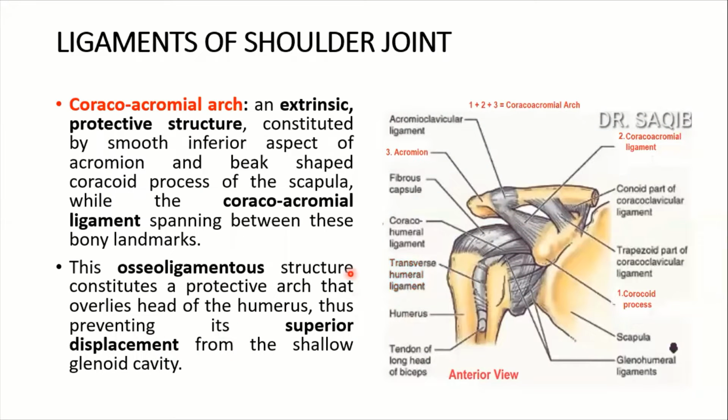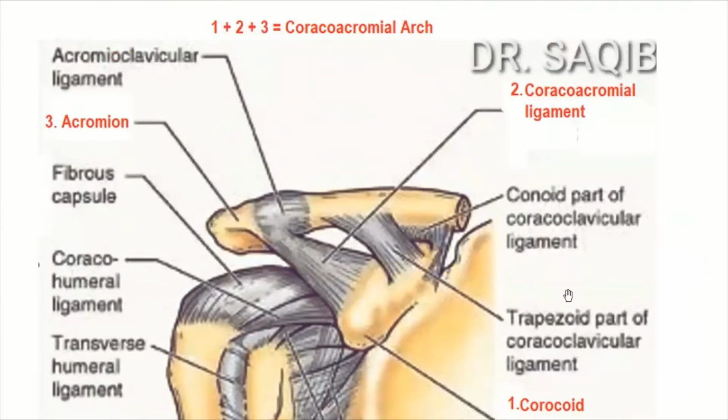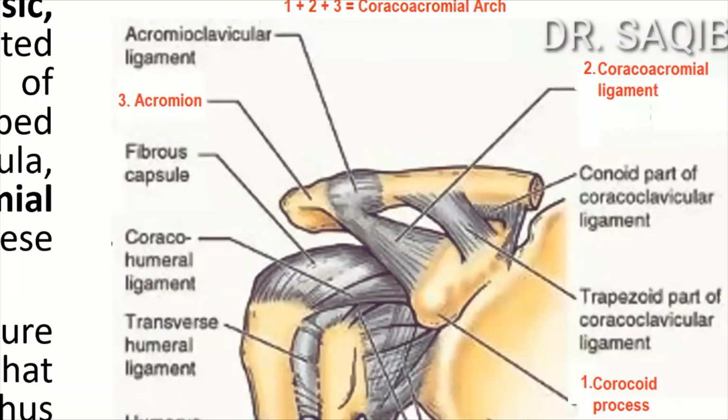So very, very important, this coraco-acromial arch. This is the coraco-acromial arch, number 1, 2, and 3. So let's spot it out first, then we'll talk about it. What are the three components of the coraco-acromial arch, right? Number 1, the coracoid process is a part of the coraco-acromial arch.